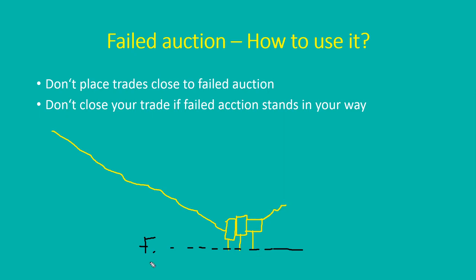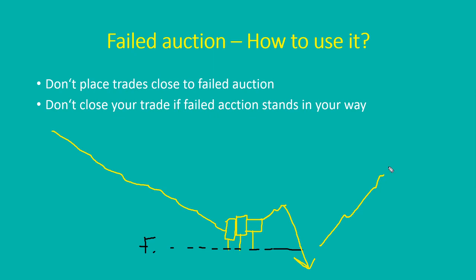But because of the failed auction, there's a fair chance that the price will turn to test below the failed auction, at least 1 or 2 pips. So in a case like that, I personally prefer to hold the trade until it tests below the failed auction. And only after that, I think about quitting the trade. The same goes for an uptrend.